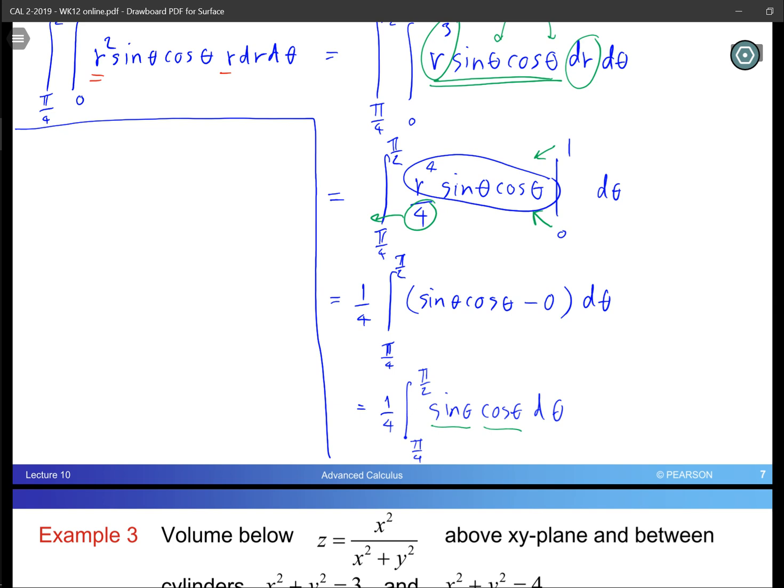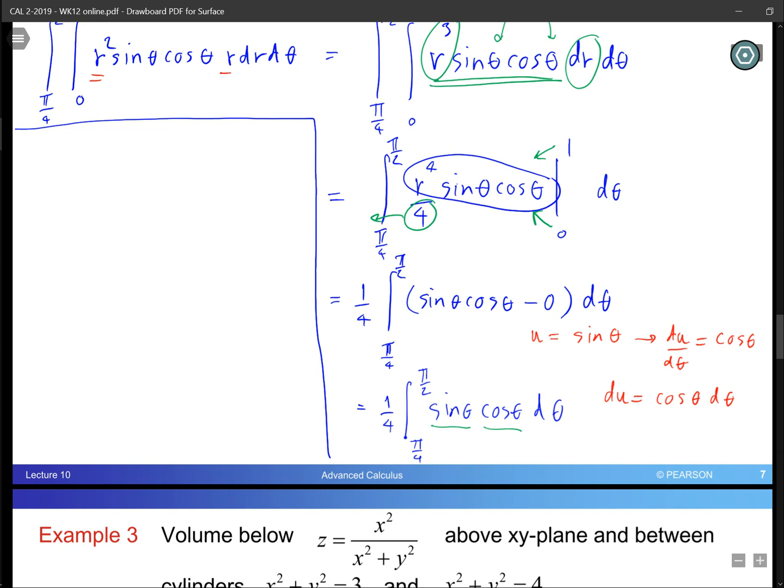The first technique that you always think about is the substitution. So what about we let u equal to sine theta, which means that du by d theta equals cosine theta. Let's try that and see whether it's going to help us solve this problem. Here we have du equal to cosine theta d theta.